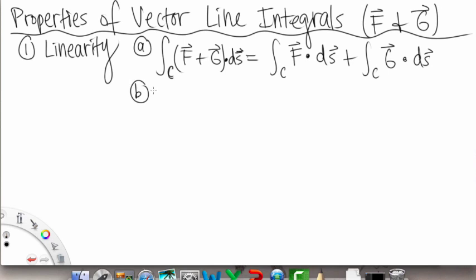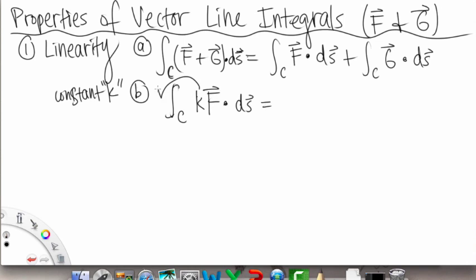And then the second property is that if you have some constant, k, let's say, then we have f dotted with ds, and you could take that constant out in front.